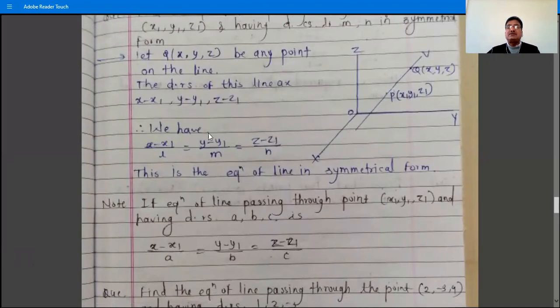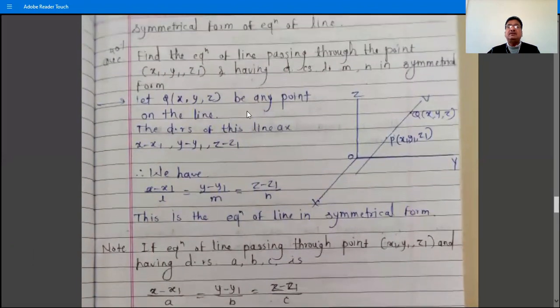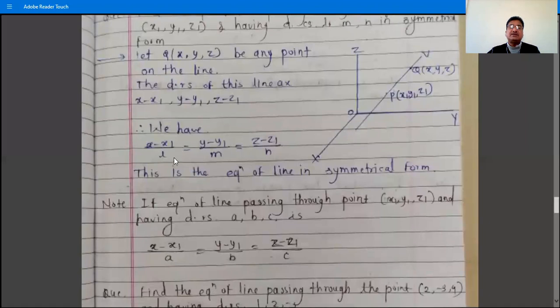How can we write the equation of a line in symmetrical form? If we know any one point on the line and the direction cosines or direction ratios of the line, then we can write the equation of the line as (x minus x1) by l, (y minus y1) by m, (z minus z1) by n.